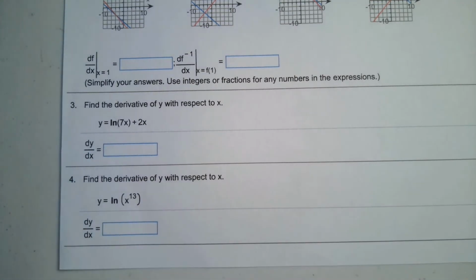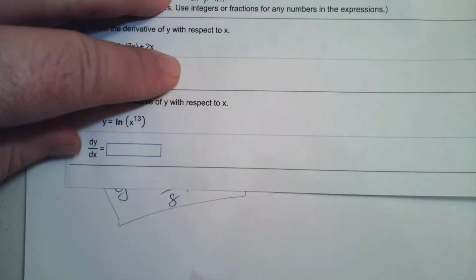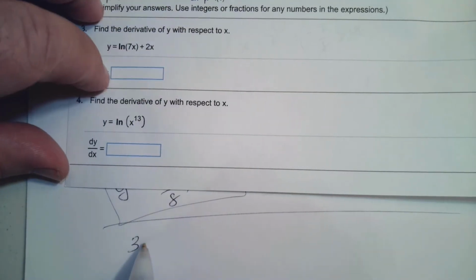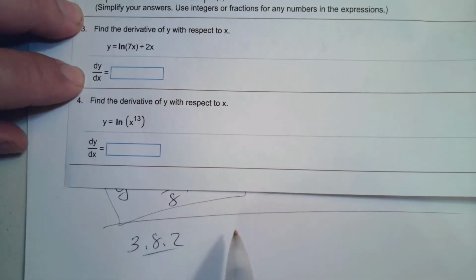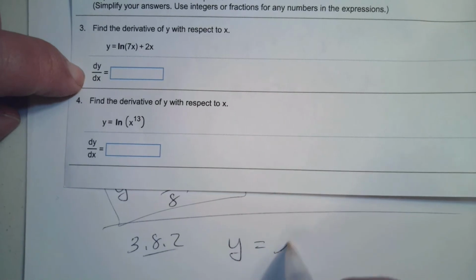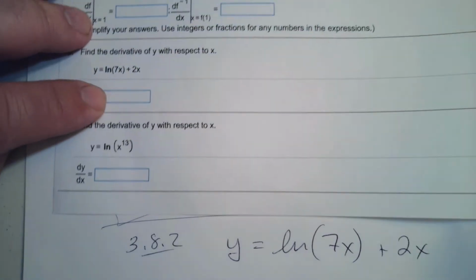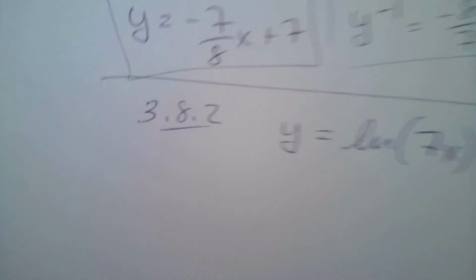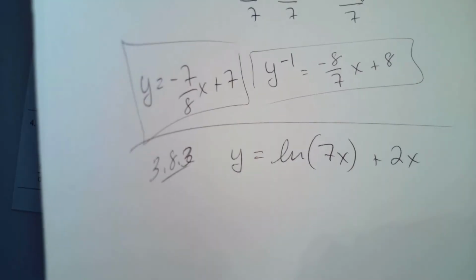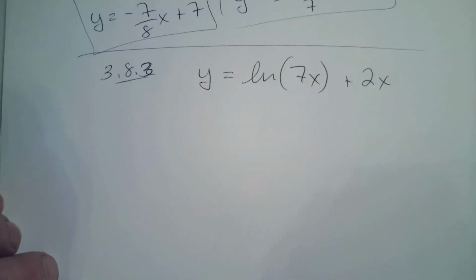So here's our function. Let me write that down. 3.8.2. So we have y equals ln 7x plus 2x. No, it's 3. Yeah, it's 3.